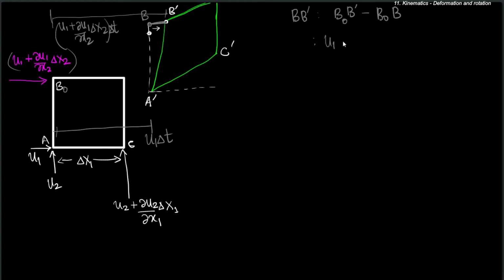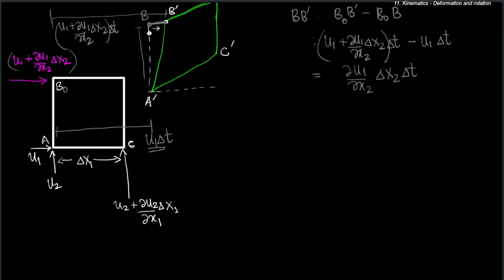So it will be u1 plus del u1 del x2 delta x2 times delta t minus this distance, which is essentially u1 delta t. So BB prime is equal to, this u1 delta t cancels out, del u1 del x2 delta x2 delta t.